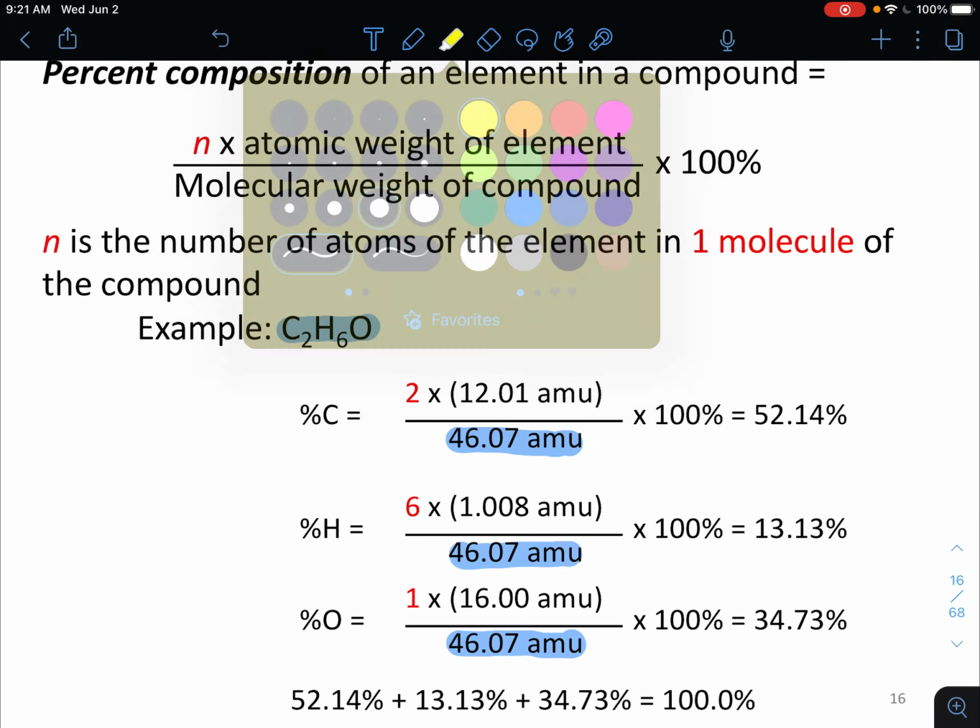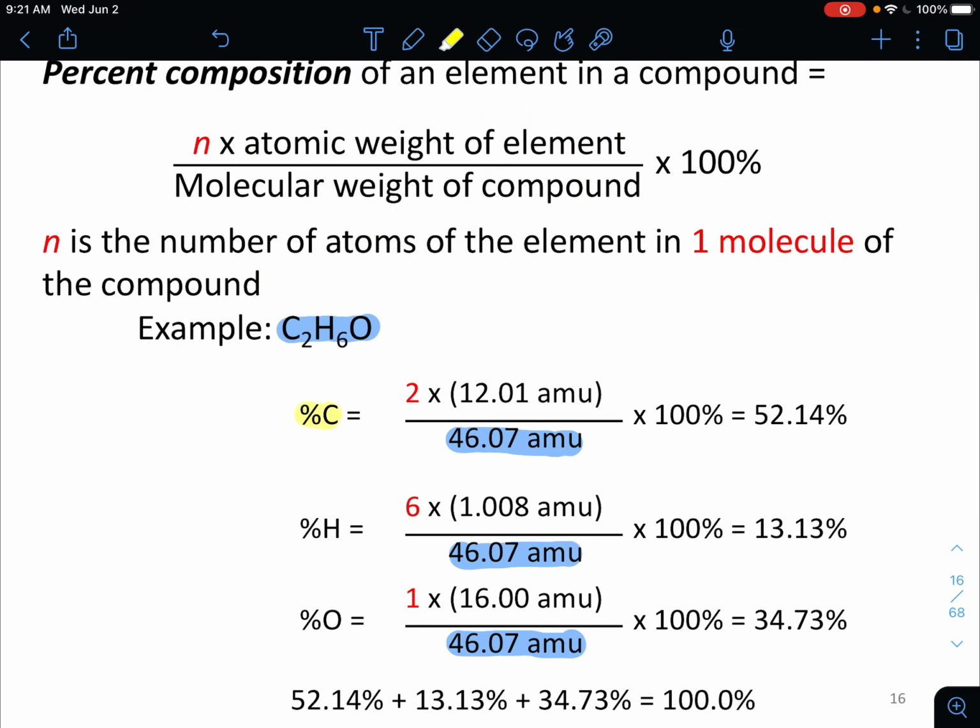And then depending on what it is I'm talking about, carbon, there's 2 carbons at 12.01, or hydrogen, 6 hydrogens, and again, I just made it work, so 1.008. We'll stick with the plan of 2 decimal places in general. I just wanted to make it add up to 100 so it wasn't weird.